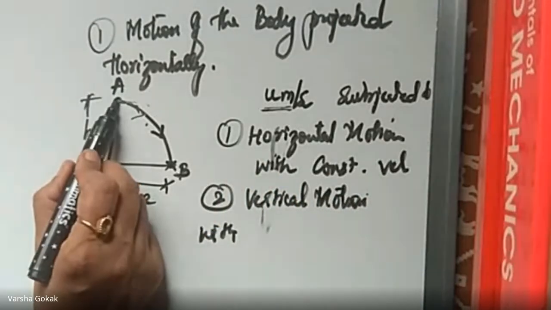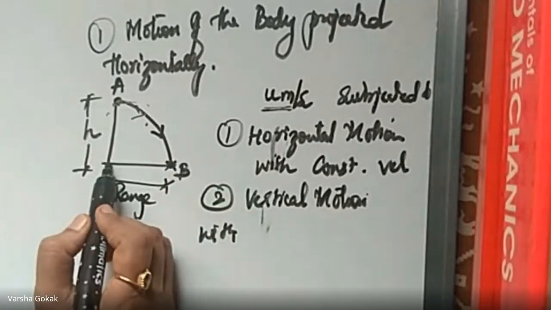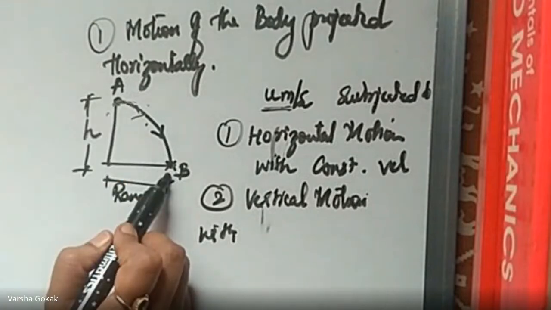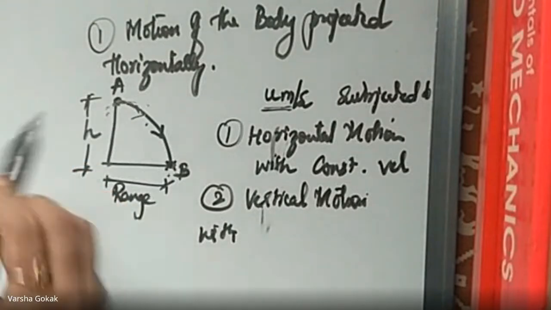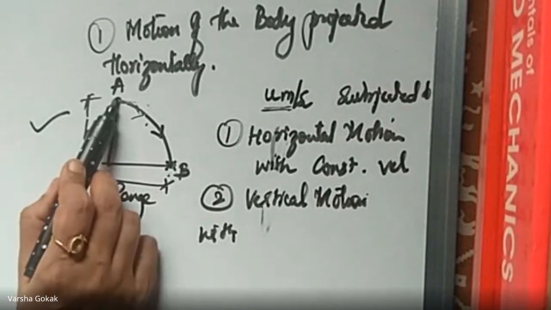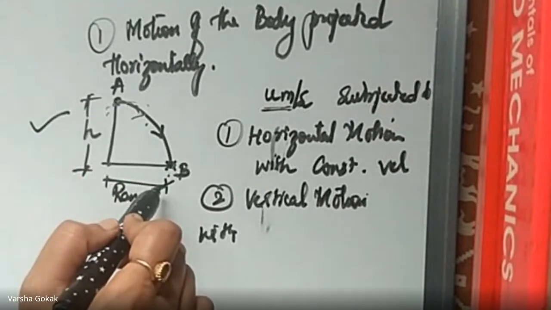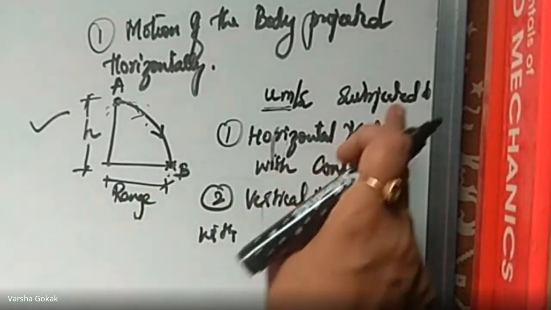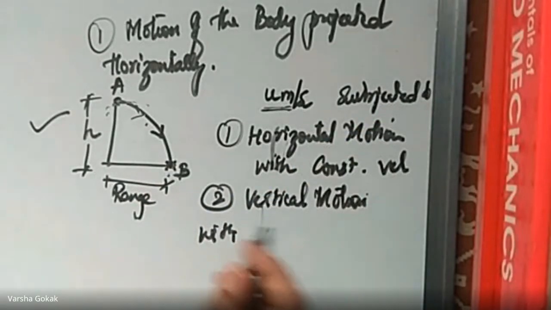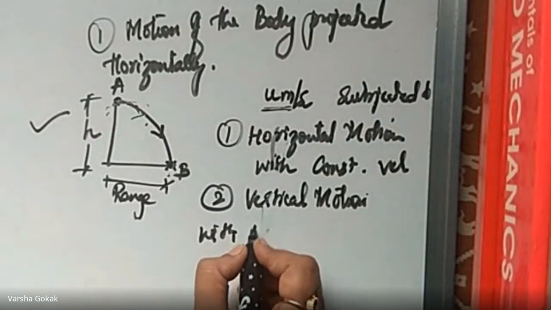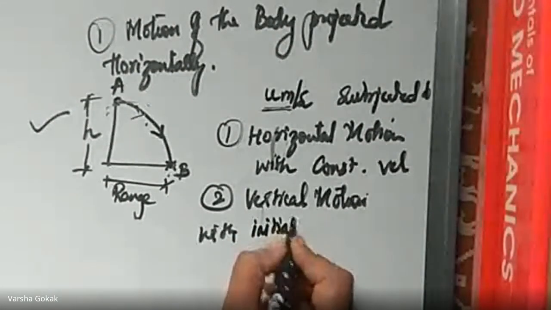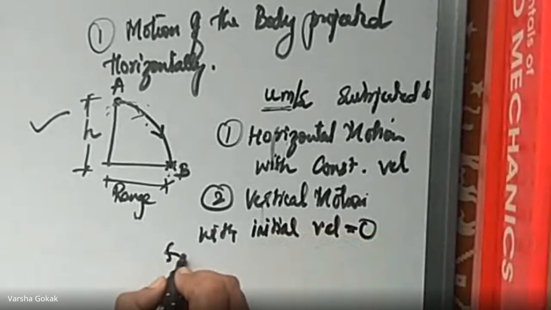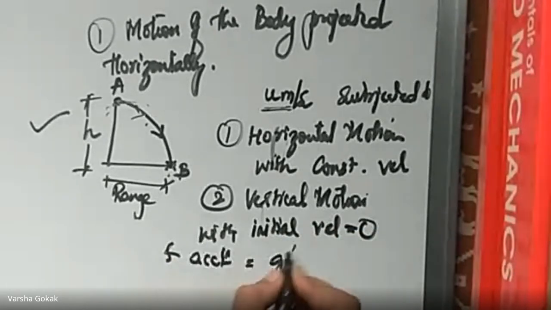Now look, vertical motion, from here to here, it has dropped down, right? So this is your vertical motion when it is dropping down. But because it is dropping down, in this particular case, it reached a final velocity and then its velocity is coming down to zero. It is retarding, right? So that's why I'll say that it is subjected to vertical motion with initial velocity as zero, and moving with acceleration which is equal to g.